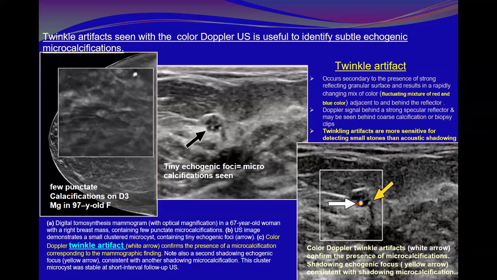And this mixture of color appears either behind or adjacent to the reflectors, okay? So the Doppler signal behind a strong specular reflector like calcifications or metallic clips or something can help in identifying these calcifications. And twinkling artifacts are more sensitive for detecting small stones than acoustic shadowing, okay?